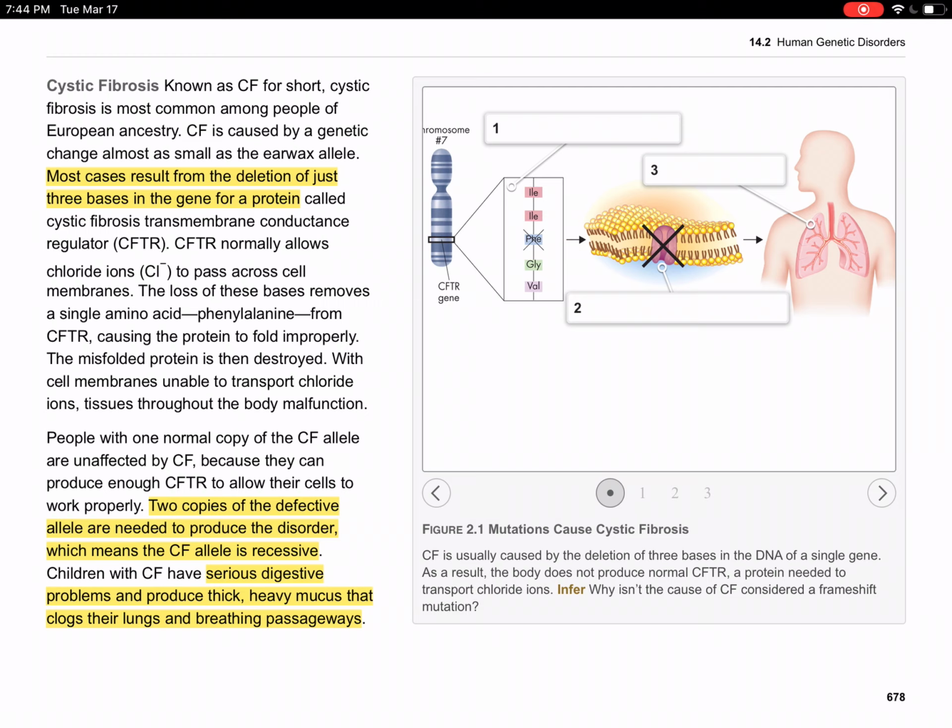The symptoms of cystic fibrosis: 2 copies of the defective allele are needed to produce the disorder, which means that it is recessive. The symptoms are serious digestive problems that produce a thick, heavy mucus that clogs the lungs and breathing passageways.